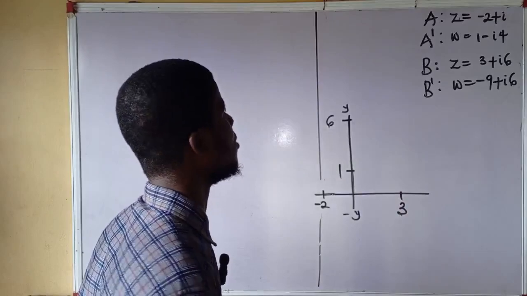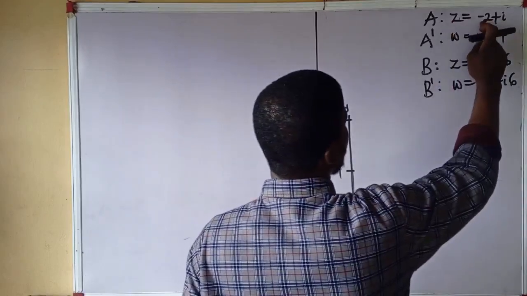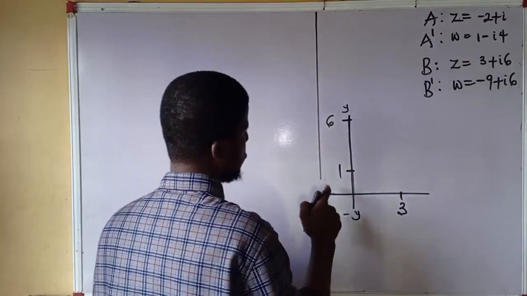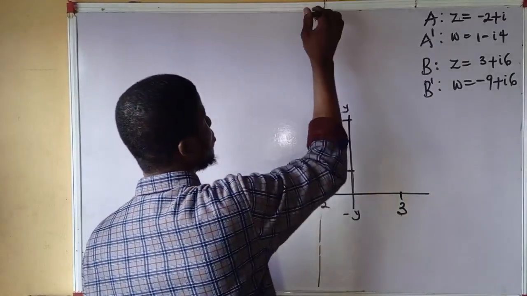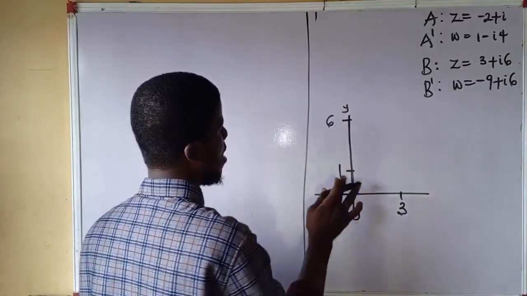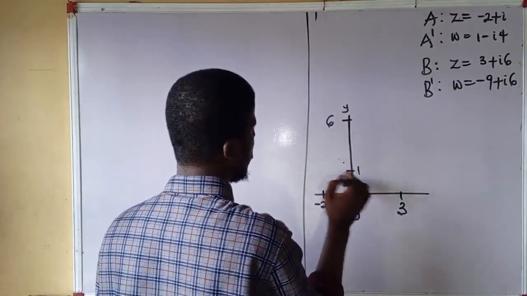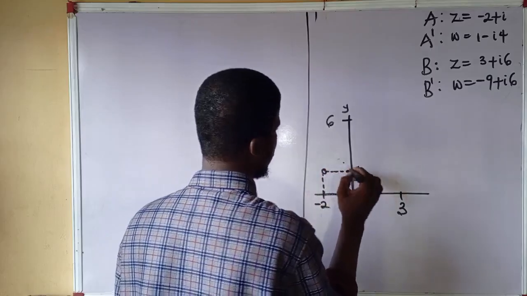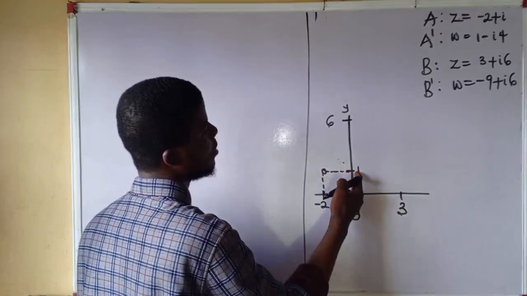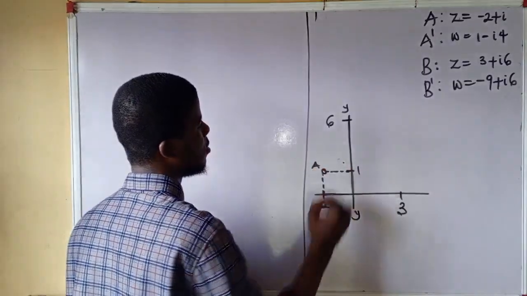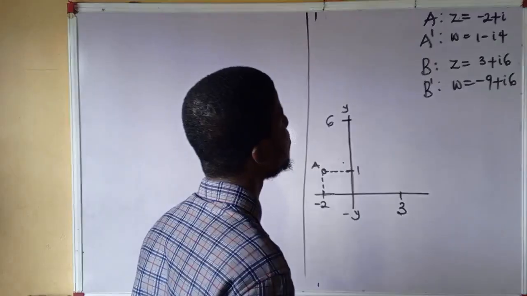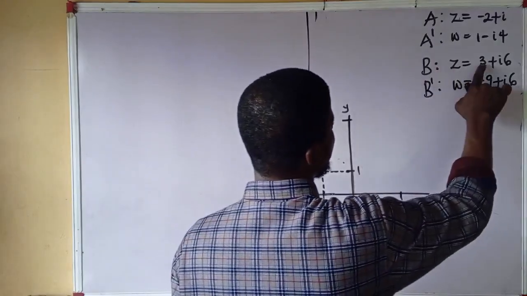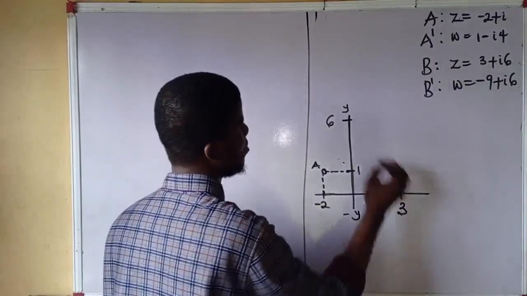Let's plot A and B. A is minus 2 plus i, which is minus 2 plus 1i. So it will be here. This is A. B is 3 plus i6.